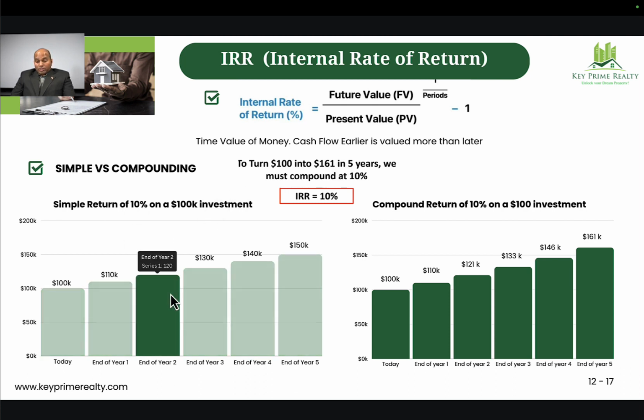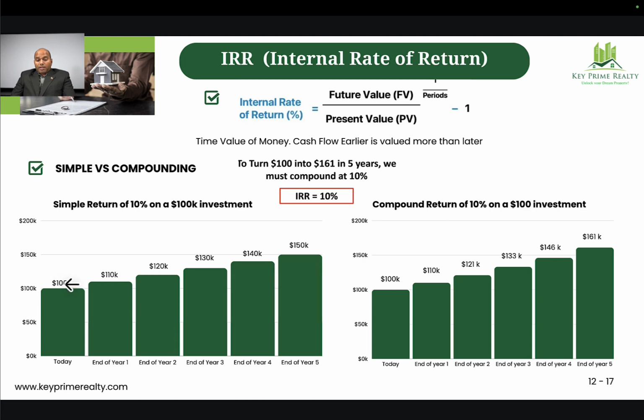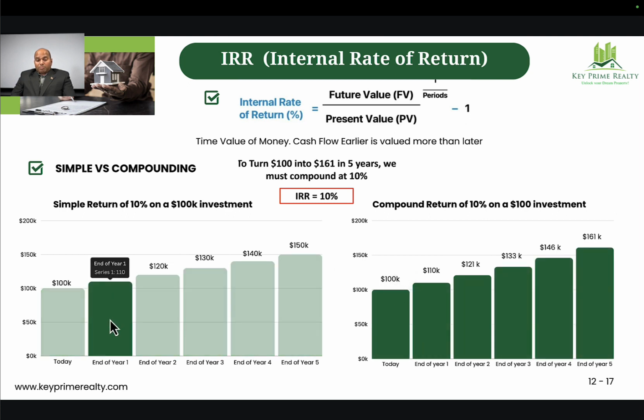So this chart actually helps to visualize it. You put in 100k, and then every year you make 10k, 10k, 10k. That means you make 150k at the end. But here you exactly make 10k every year, and this doesn't assume it's reinvested. You just take the money and keep it aside.